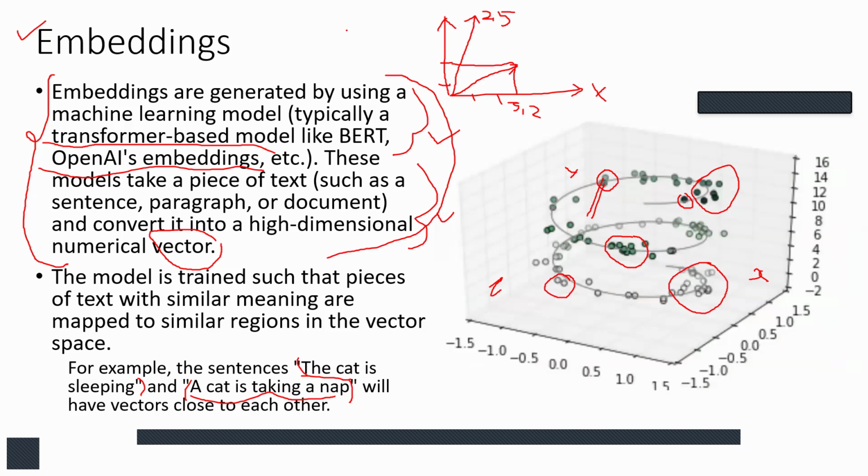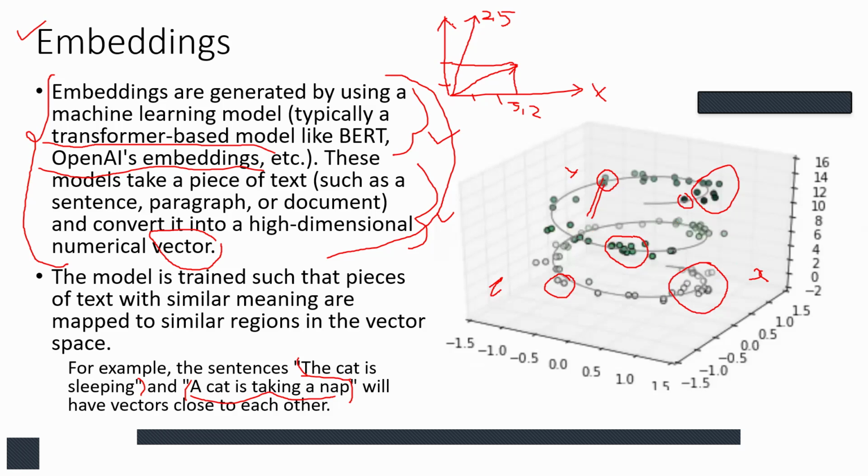In order to illustrate, this was just 3 dimensional. In real, it is like 1500 dimensions. In that multi-dimensional vector space, your sentence or your chunk will be represented. So 1500 dimensions help us to locate it more precisely.